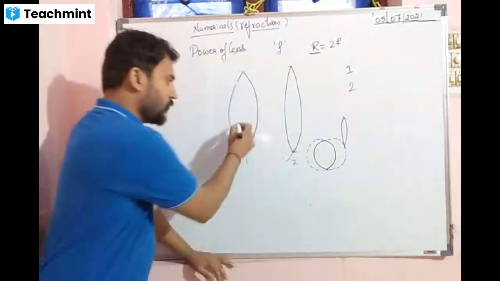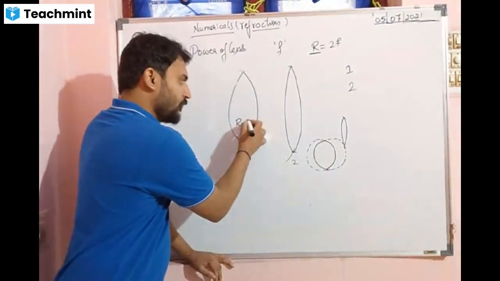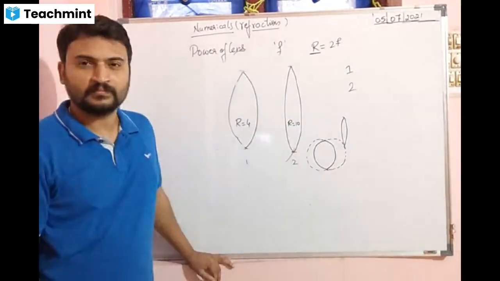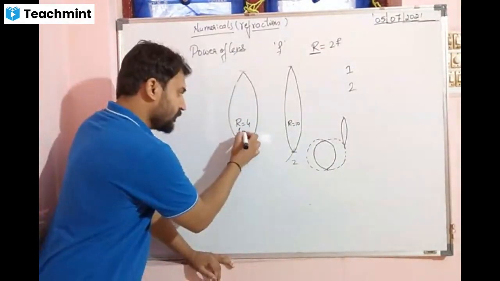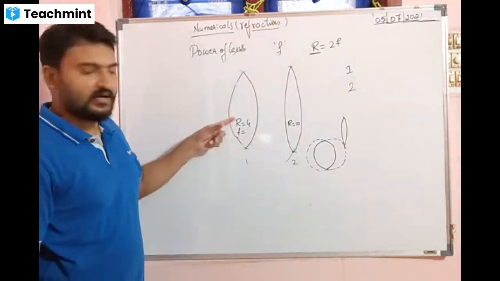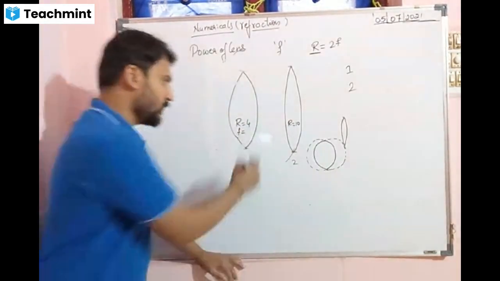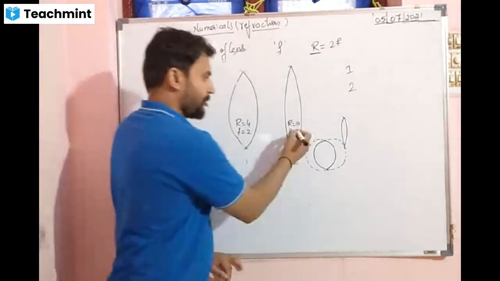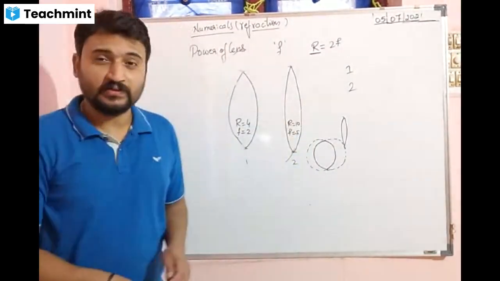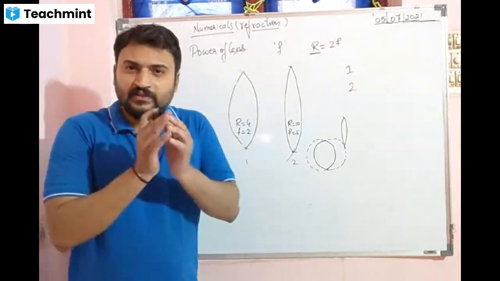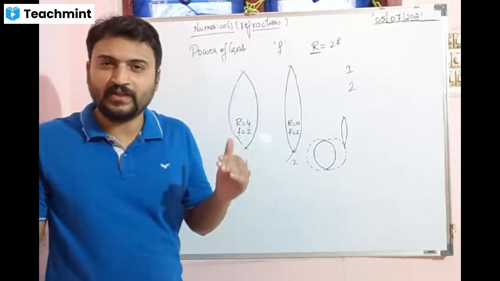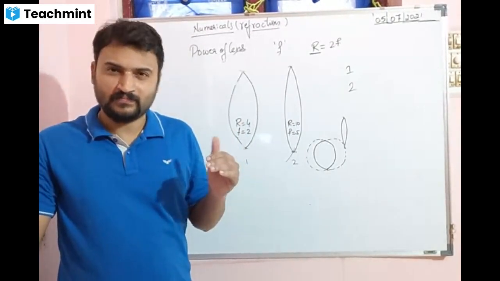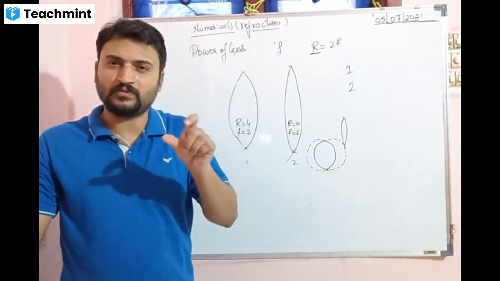Suppose here r is equal to 4 and here r is equal to 10. What is f here? Half of the radius, so 2. And here f is 5. Did you learn something now? If the lens is bulged, the focal length is decreased, a smaller value.